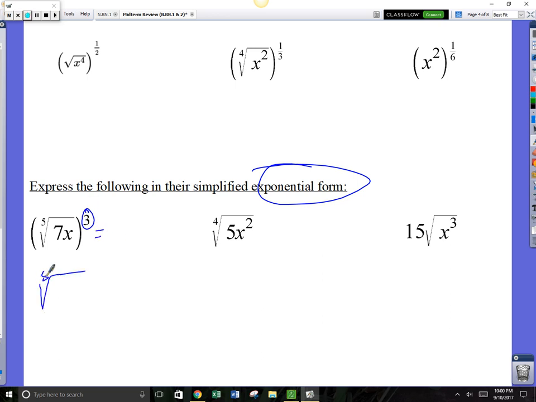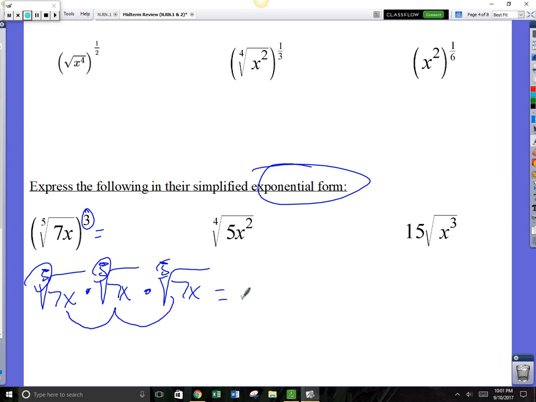So that's the 5th root of 7x times the 5th root of 7x times the 5th root of 7x. Since they're all the same index, all 5th roots, you can multiply them together. So that's the same thing as the 5th root of 7 cubed x cubed, because 7 times 7 times 7 is 7 cubed.